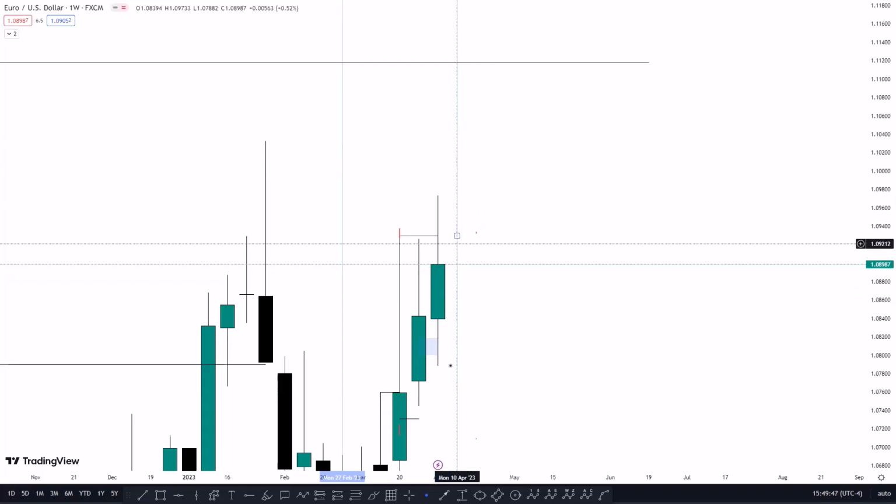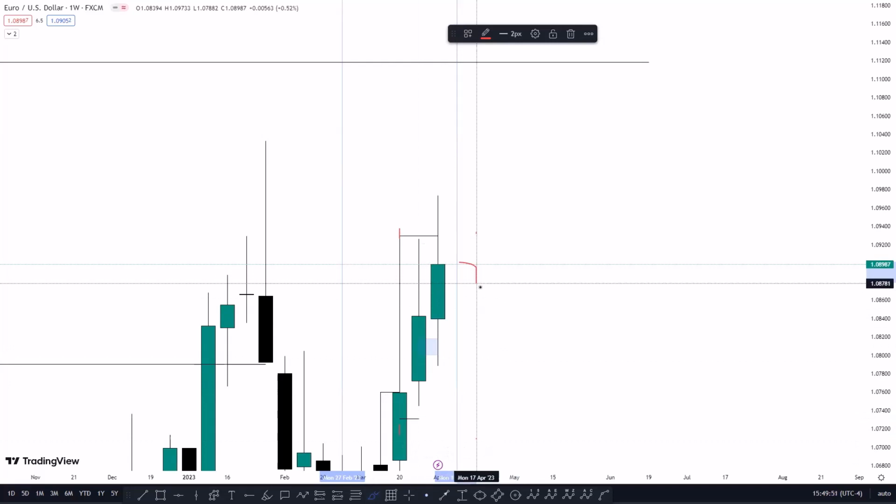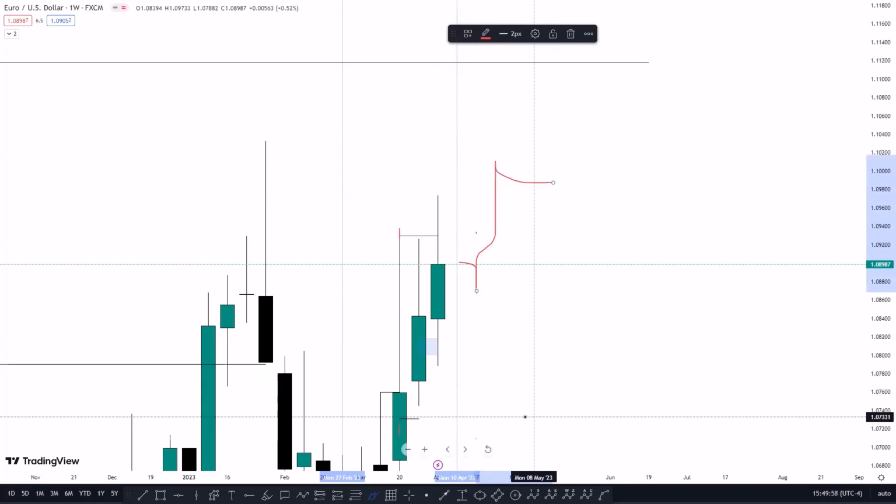Right? So you have to understand that. So the high probability is that it's likely to come back down to create a low, and then it goes higher to create a high, and then it closes. You have to think powerfully like that. It's going to trade down and then trade higher.